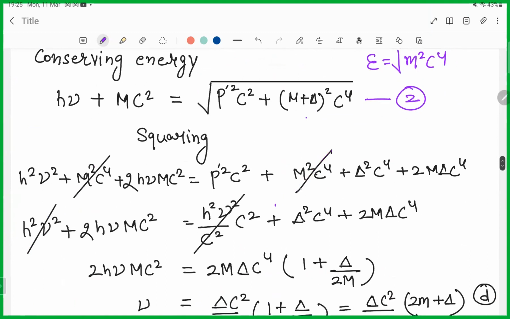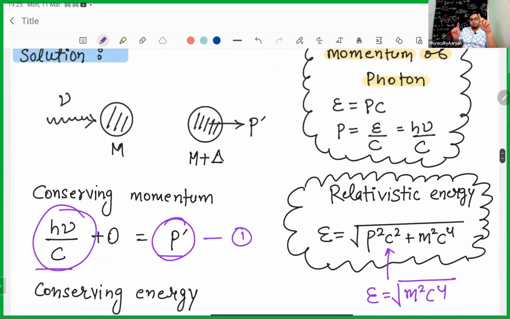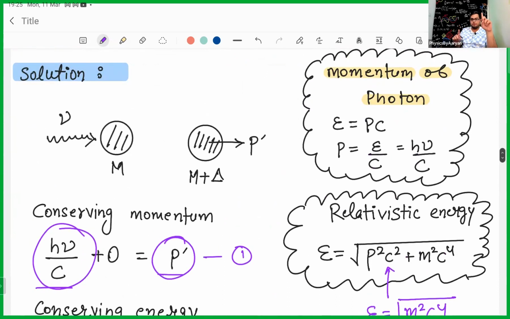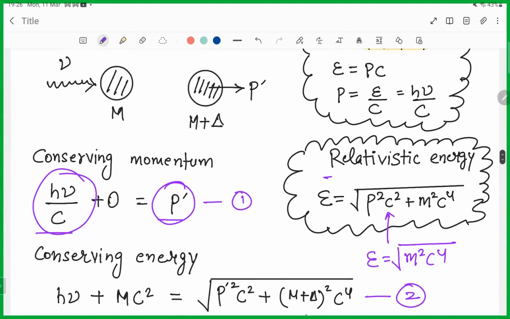Sir, is E equal to pc only for a photon, or can we use it for a particle also? Only for a photon. For a particle, you cannot have c, right? For a particle, what should I use for particle momentum?